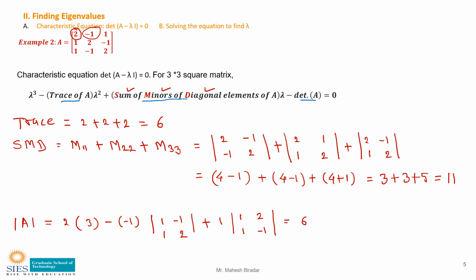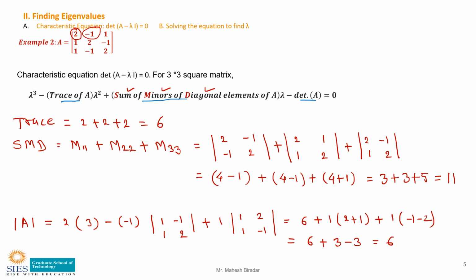So this is 6 plus 1 into 2 plus 1, plus 1 into minus 1 and minus 2. 6 plus 3 minus 3. The value of the determinant is 6.